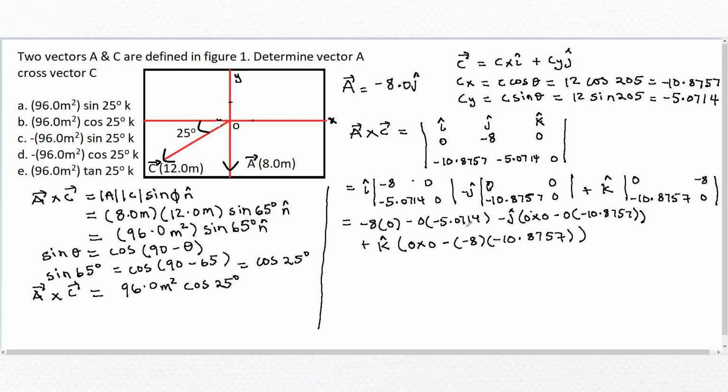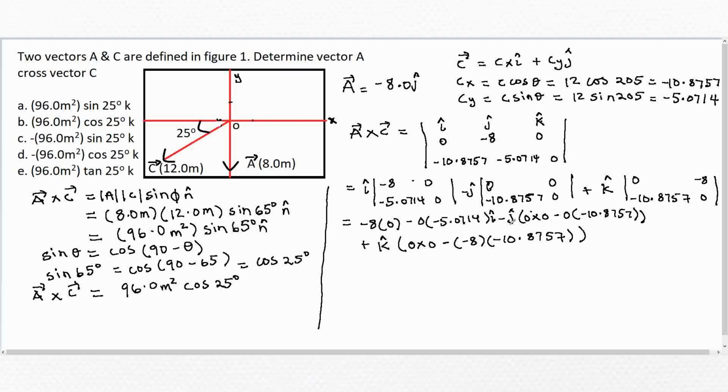Over here I omitted an i, so there's an i here. 8 times 0 is 0, and 0 times -5.0714 is also 0, so the i component goes to 0.